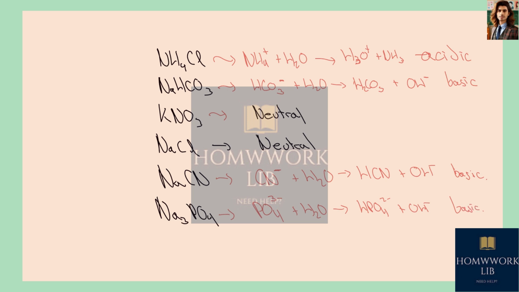And actually, in the case for phosphate in here, we can have a lot of different reactions. Actually, we can proceed and add more hydrogens over here because all the resulting products on this side are going to be weak acids.